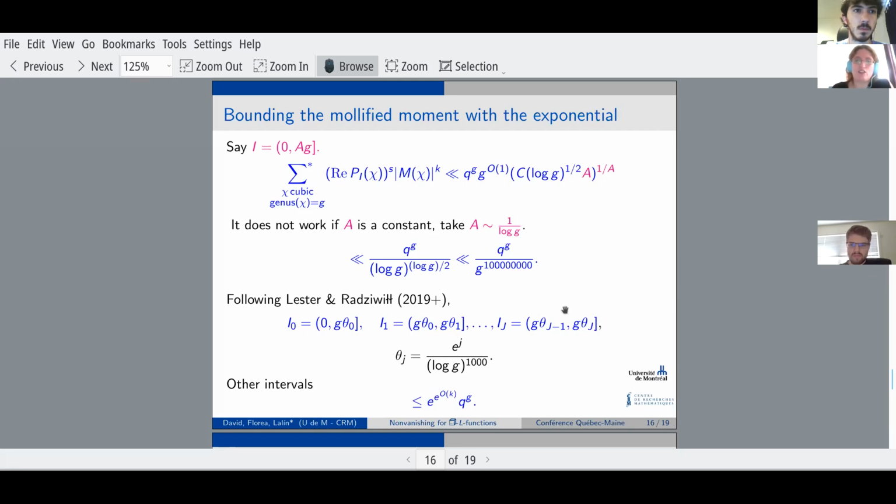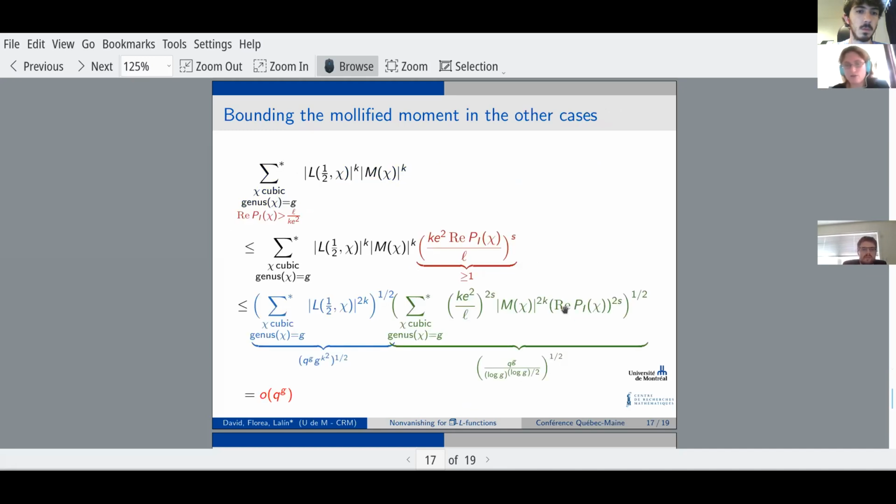And so what you have to do is split the interval into small intervals, and it's actually a union of intervals that shrink in size. So the bigger G is, the more intervals you take. And this is an idea due to Lester and Radziwill. So there is some subtlety there. And then you have to work over each interval. So actually the mollified moment, you have to look at in each piece.